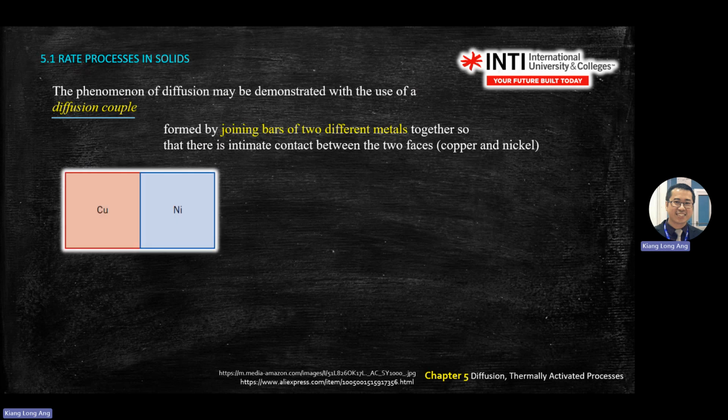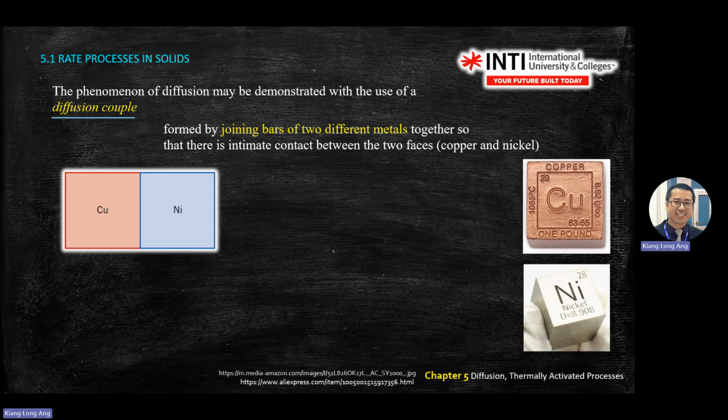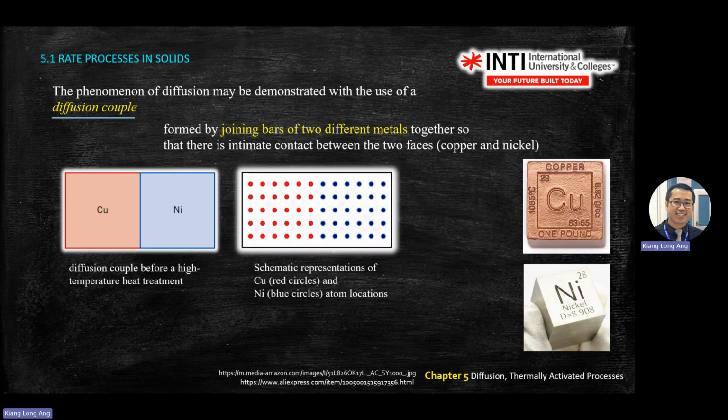So the first one is the diffusion couple. Let's say we have two metals, copper and nickel. When you put these two metals together, we represent the copper and nickel before the diffusion with a red dot as copper and a blue dot as nickel.